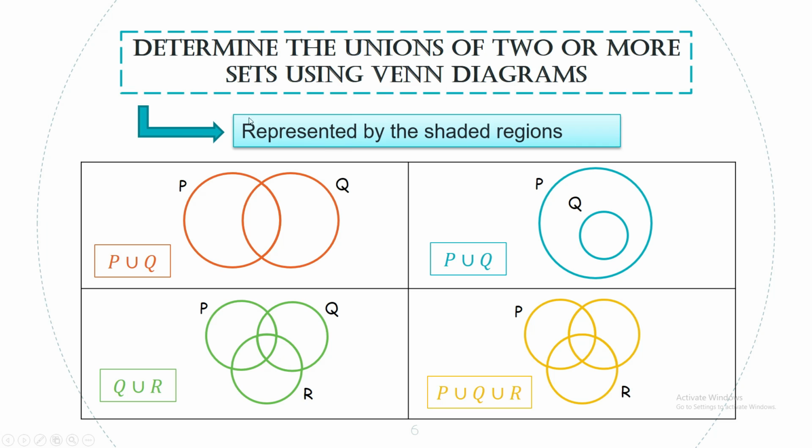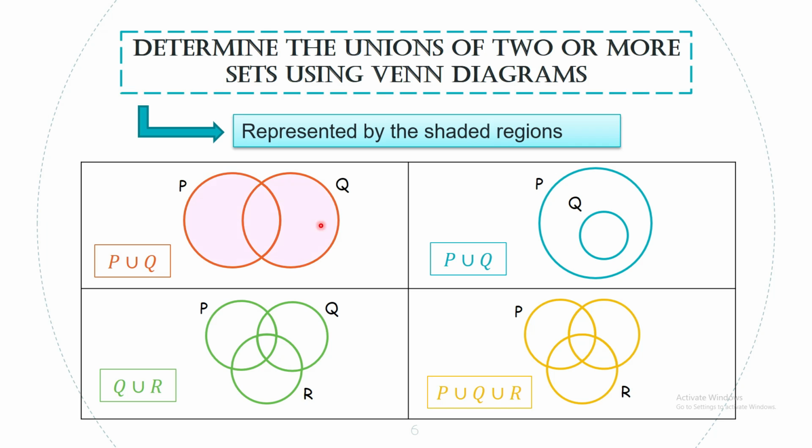For example, in this first box, which is P union Q, this circle represents set P, meanwhile this circle represents set Q. Just now, the definition of union is all the elements in set P or set Q or both set P and set Q. So the shaded region will be all of this region.